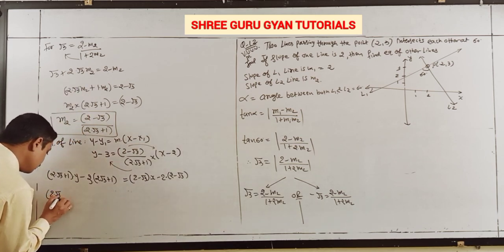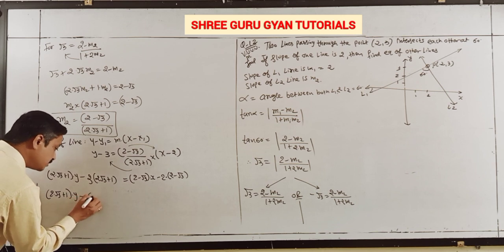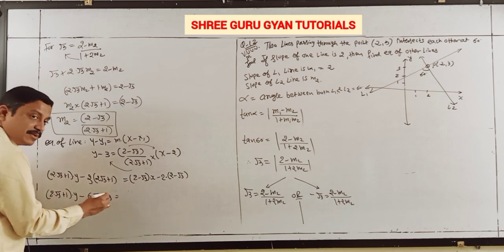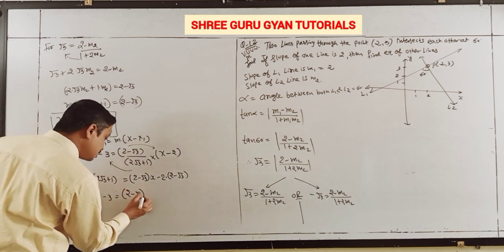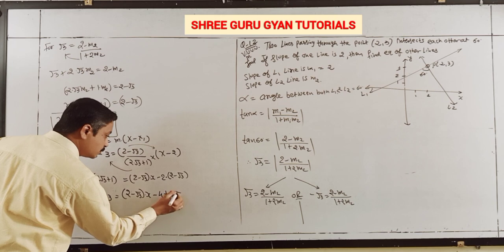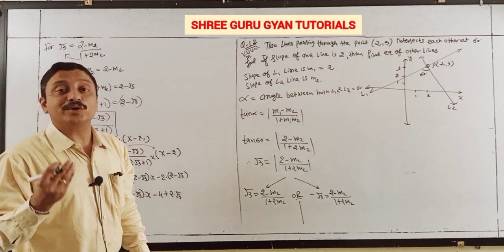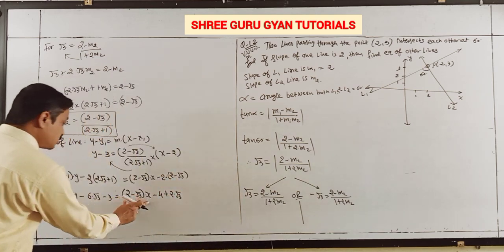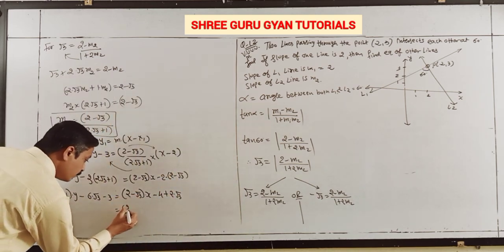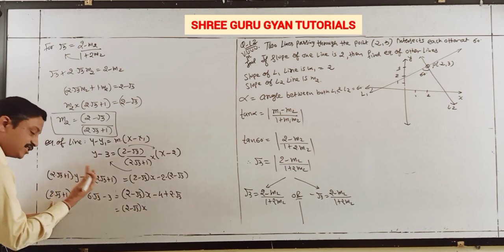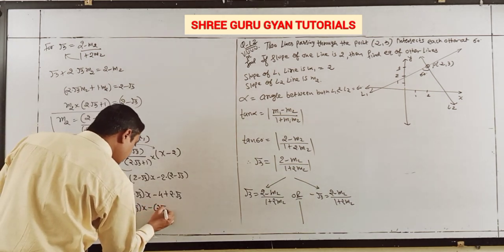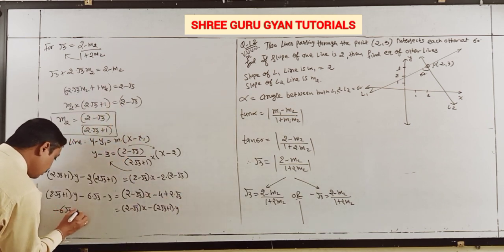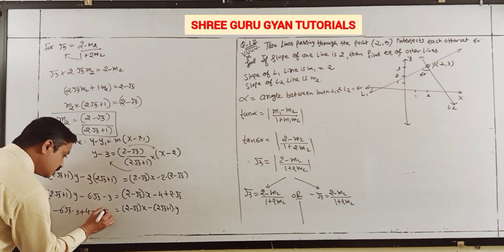2 root 3 plus 1 into y minus 6 root 3 minus 3 is equal to 2 minus root 3 x minus 4 plus 2 root 3. Now students, arrange your answer according to standard form ax plus by plus c. The x term I write as it is, 2 minus root 3 x; the y term I take from the right side, 2 root 3 plus 1 y; and the constants I take right to left, minus 6 root 3 minus 3 plus 4 minus 2 root 3.